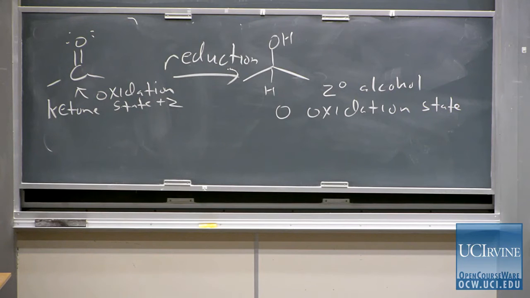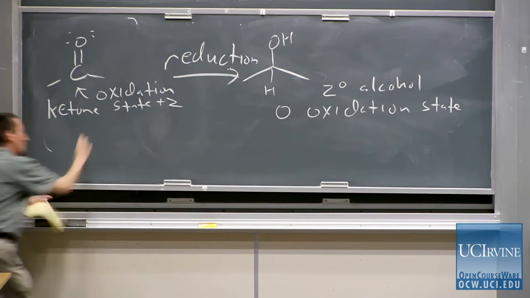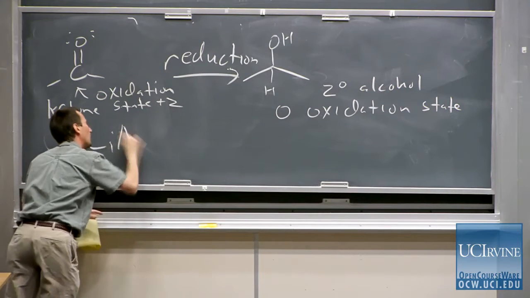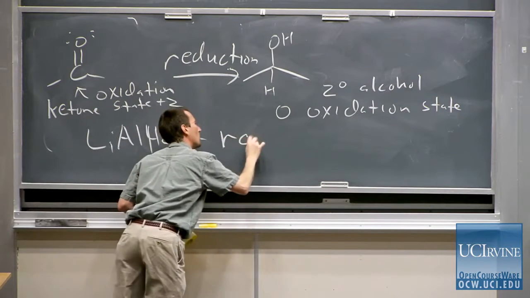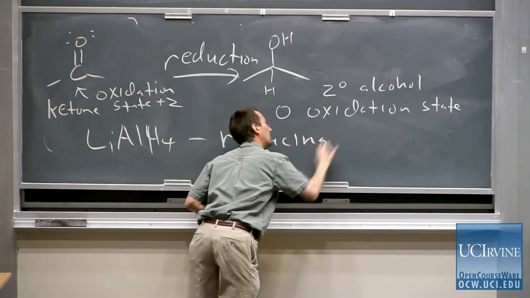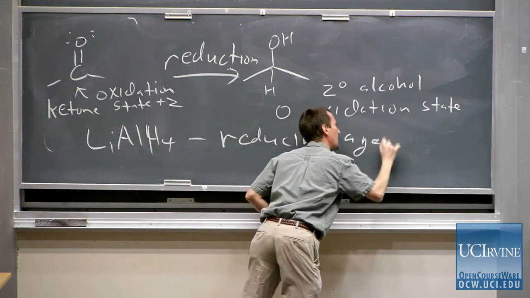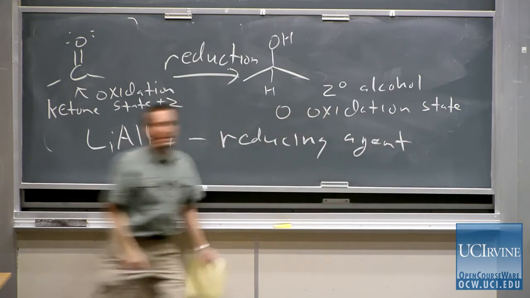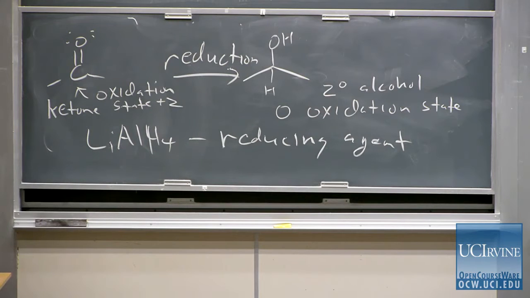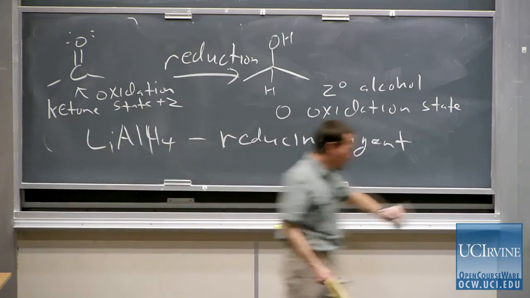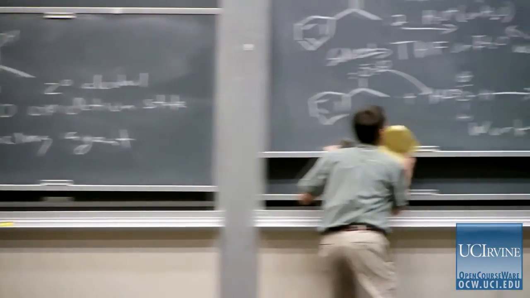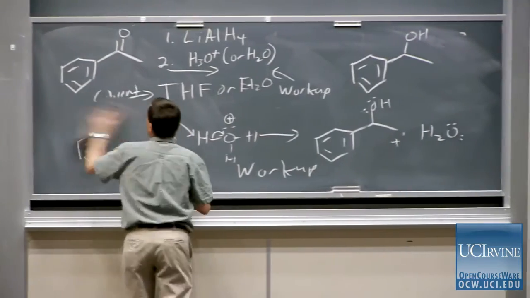And the chemical that's done it then, our lithium aluminum hydride, is a reducing agent. It's the chemical or the reagent that carries out the reduction reaction. And there are many different reducing agents. I drew another one. I drew sodium borohydride, and let's talk about that, and I'll give you an example.